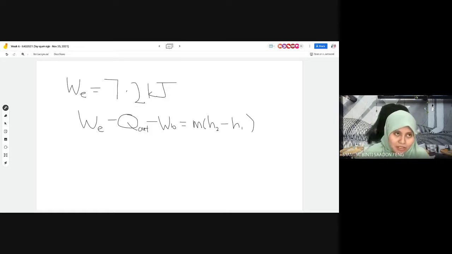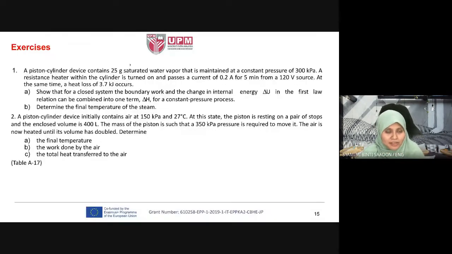Because at state 1, the pressure is 300 kilopascal, and the water is at saturated water vapor. It is stated here, a piston cylinder device contains 25 grams saturated water vapor. So means that we can use the table while the water is at saturated condition.